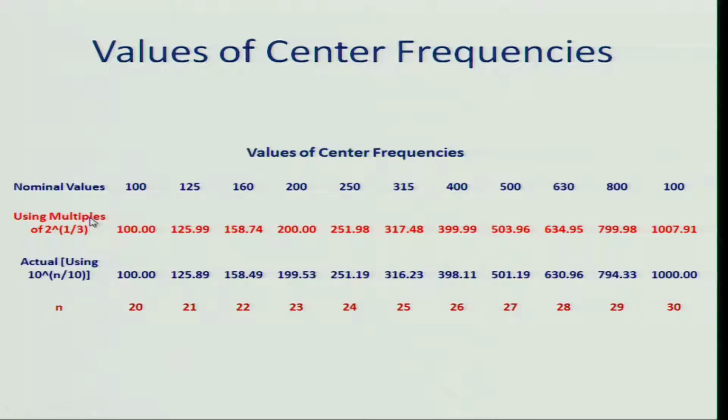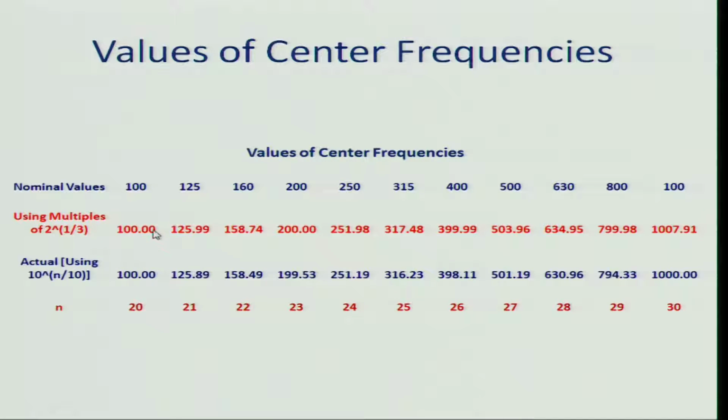Now, interestingly enough, when you look at the mathematics, if you multiply this starting frequency 100 by 2 to the power of 1 by 3, what is the number you get? 125.99. When you do this again, 158.74, 200, 251.98, 317.48, 400. This should be exactly 400, and so on and so forth.